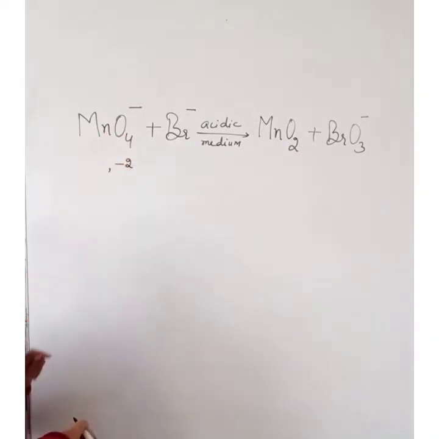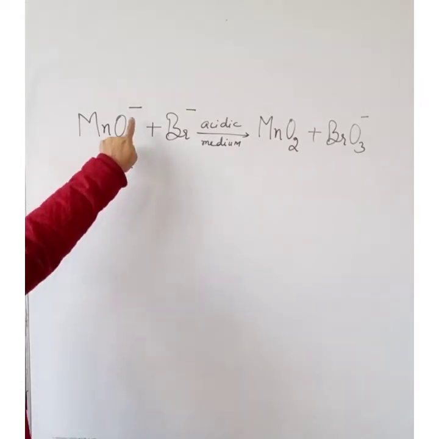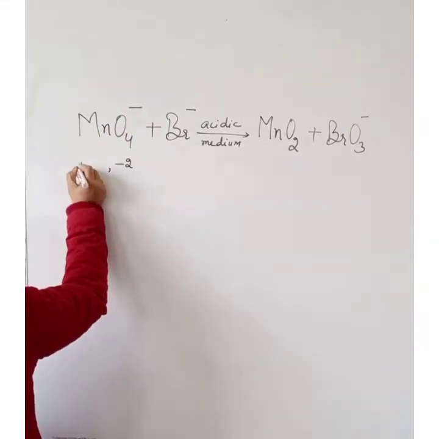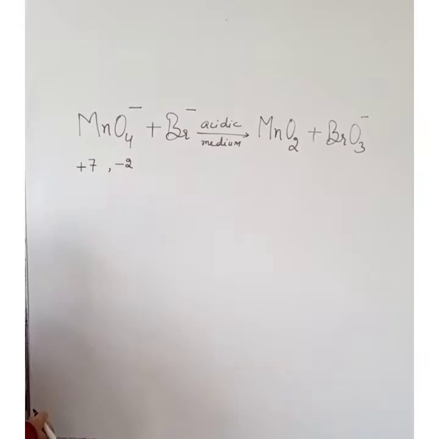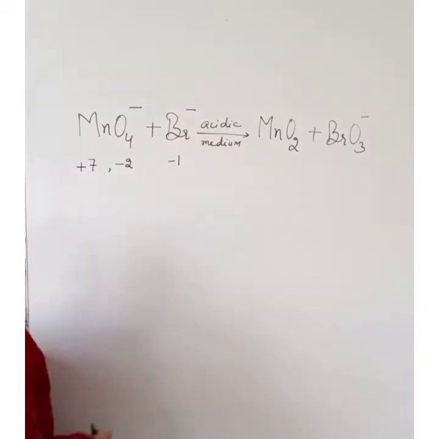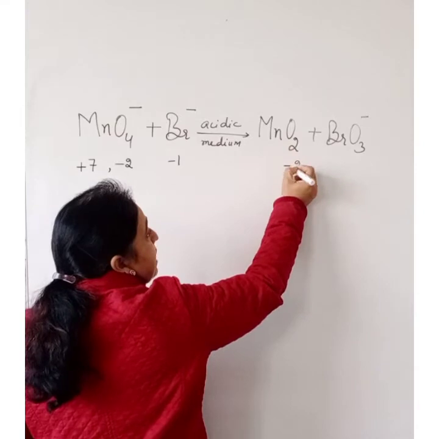For Mn we can calculate: x plus 4 into minus 2 is equal to minus 1. So x is going to be plus 7. So we got the oxidation number of Mn. This is the charge carrying ion, so minus 1 is the charge. Here oxygen is having minus 2.